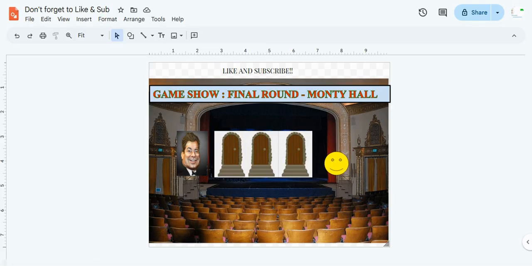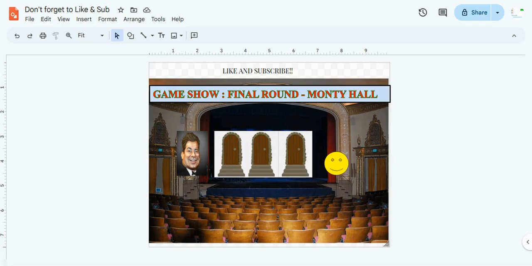So here's a twist. The host always reveals a goat. Now you're left with your original choice, door 1, and the other unopened door. The host asks, do you want to stick with your choice or switch to the other door? So either you can switch to door 2 or you can stay with door 1. But door 3 is the revealed door with the goat.